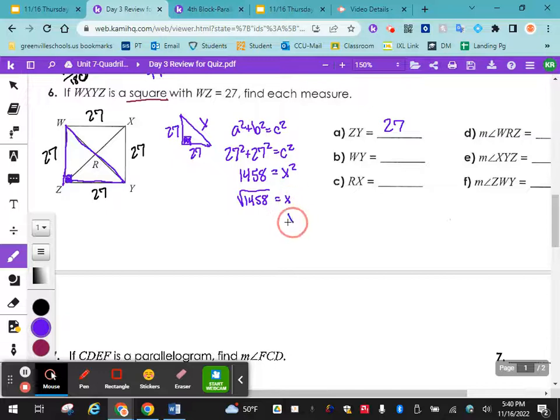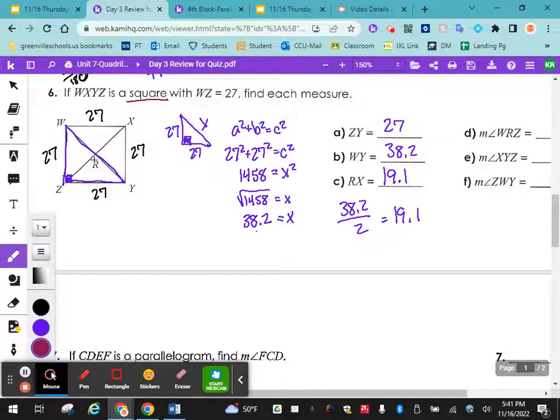I do not know. I use a calculator and get 38.2. Okay? So W to Y is 38.2. So both of the diagonals are 38.2. So if that's 38.2, R to X is half of that. So half of 38.2 is 19.1. And then we'll go do the angles.